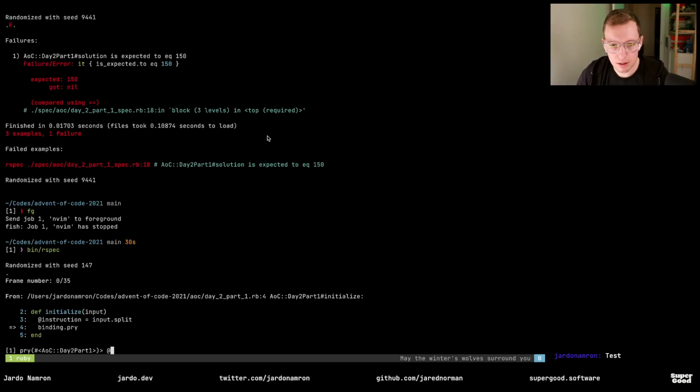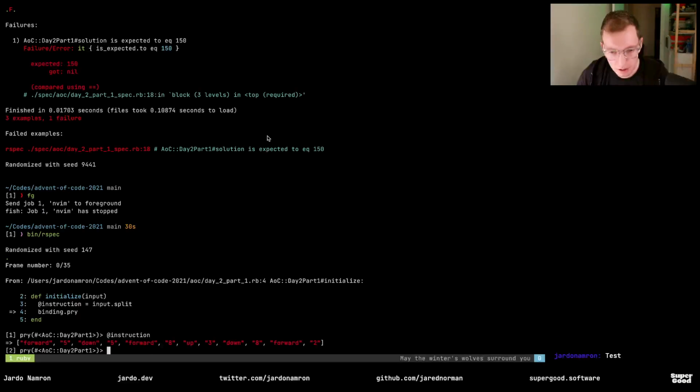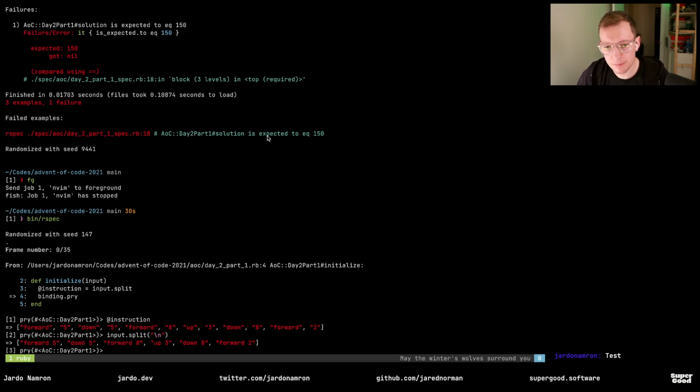Okay, so I typed out instruction, cool, but that's not what I want. I want input split on new lines. Okay, and then I want to map those, split those.